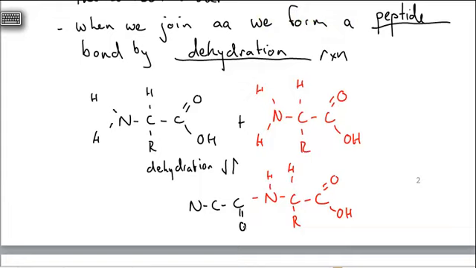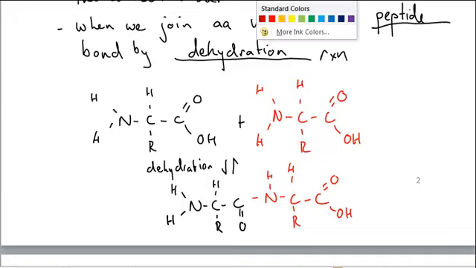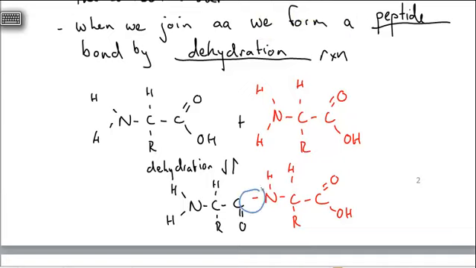It doesn't matter whether you put the double O up or down, as long as the H on the next N is on the opposite side. And that's where we're going to have our peptide bond, right there. That's the peptide bond.